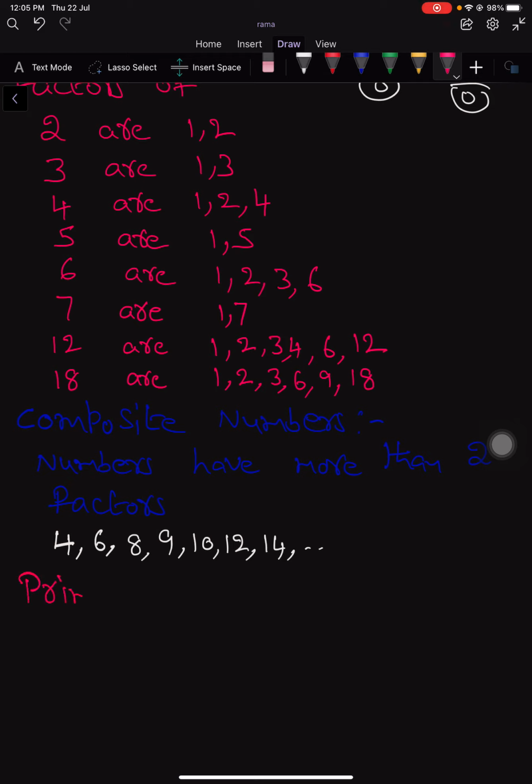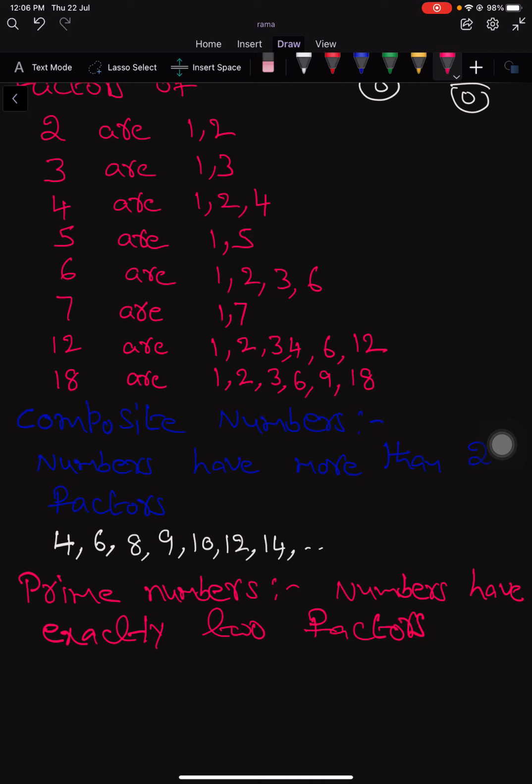Prime numbers have exactly two factors. You already know that every number is divisible by 1 and itself.